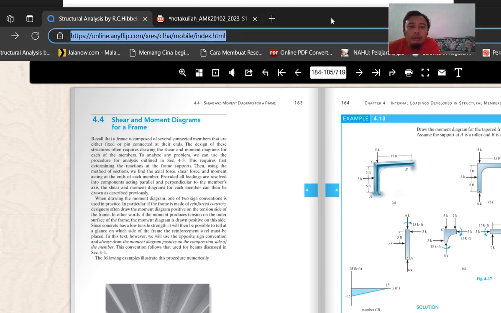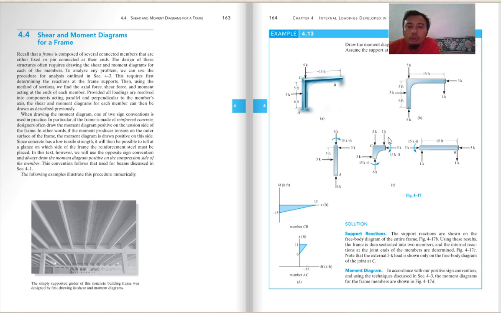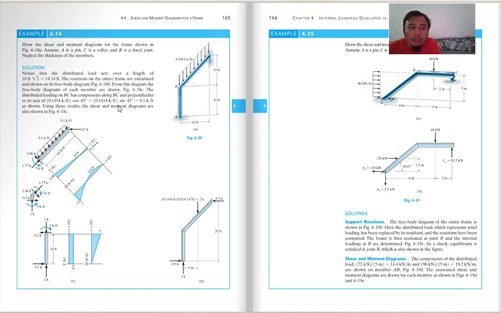You find anyflip.com, you can find the book references, so you can do your self-studying, self-learning. There are a lot more complex frames for you to study. Maybe we can add more videos of discussion on this, so we can study together.